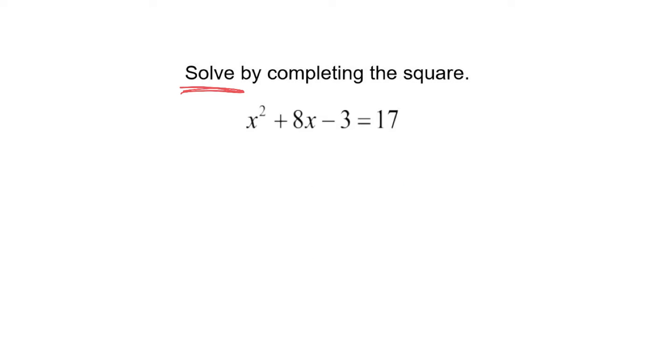Okay, now solving, we know, means we have to set it equal to 0. So we have to do something a little bit funky here. It's telling me to solve by completing the square, so I know I need these two by themselves because that's how you do completing the square. So I'm going to add 3 to both sides.